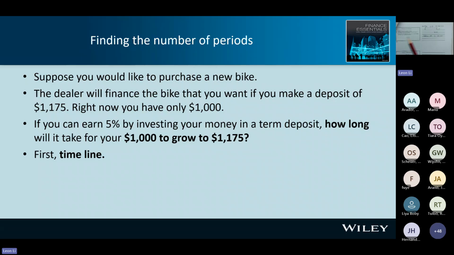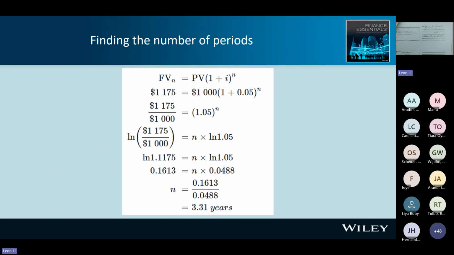All right. So after I have the timeline, calculation for me is not a problem. So we use our original equation. FV, the later money on the timeline, this is $1,175. And the PV is the earlier money on our timeline, $1,000.